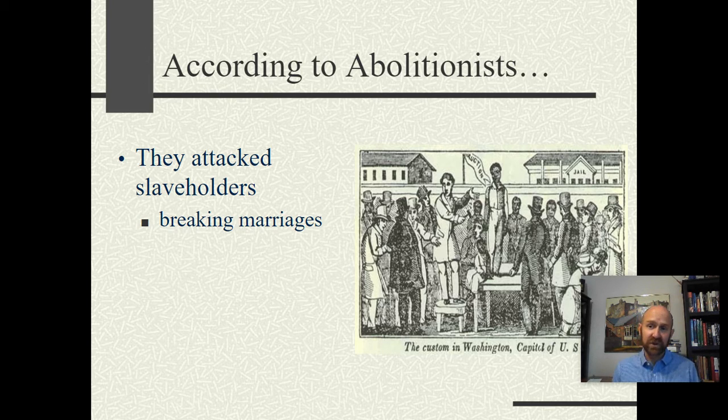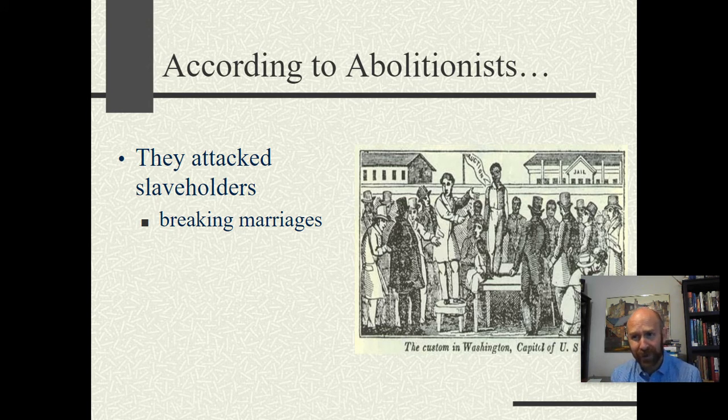Now that's officially. They still will have religious ceremonies that will marry themselves, but that doesn't have any legal standing, because the slave owners will at times break apart these marriages when they sell slaves for different reasons.